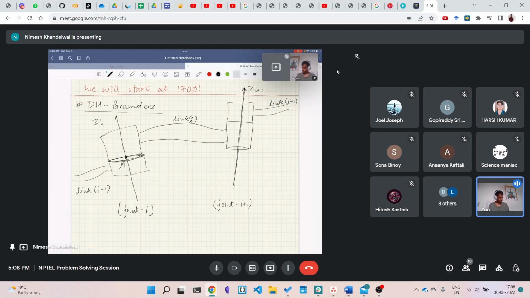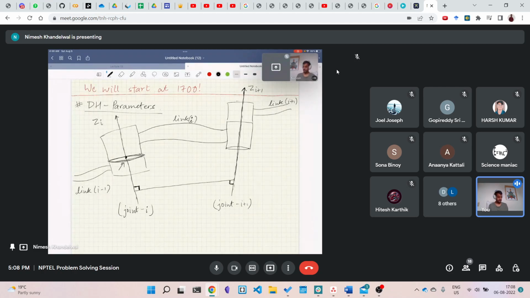So these two axes, in the general case, can be non-parallel, or parallel but non-intersecting, right? So there would be a shortest line connecting these two parallel but non-intersecting 3D lines.